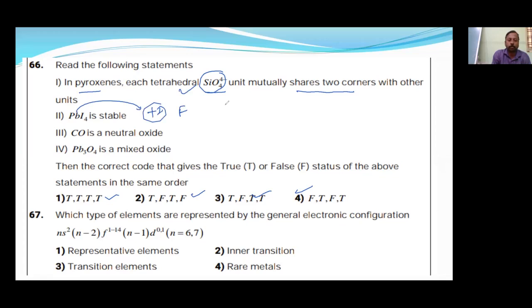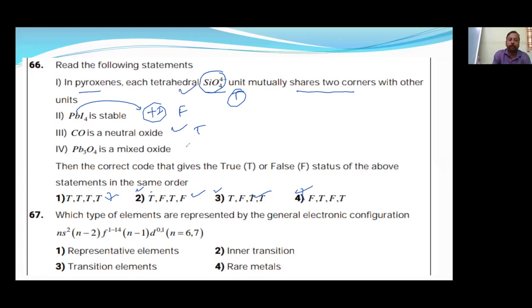Let us check TF, TF, TF, TF. So either this may be correct or this may be right. This is wrong and this is wrong. Then we will check with the third one. CO is a neutral oxide. That is also true. Pb3O4 is a mixed oxide.